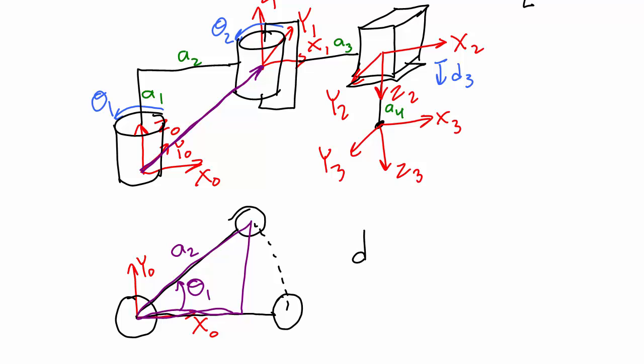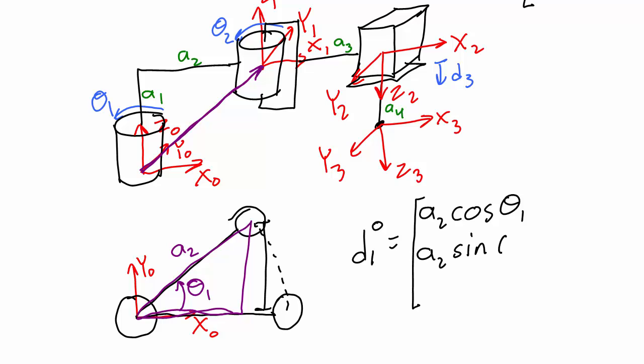So let's write the displacement from frame 0 to frame 1. The x direction displacement is equal to the link length A2 times the cosine of the angle theta 1. The y displacement is equal to the link length A2 times the sine of theta 1.